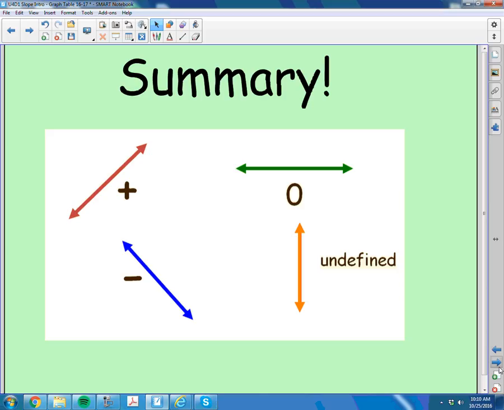There's a certain way to remember. I'll just do it on the board, that way the recording can catch it too. If you have -3 over 0, or you have 0 over -3, one is undefined, one is 0.